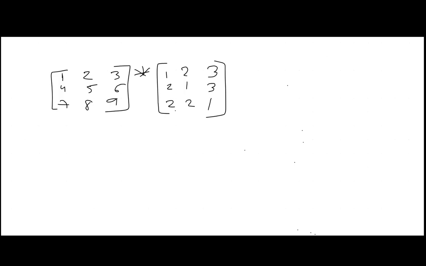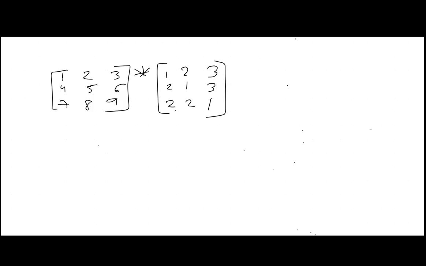In the normal way, rather than how it is computed in a system, let's trace out how the matrix multiplication works. First, we'll have the resultant matrix here.